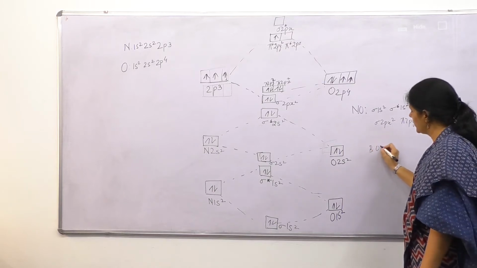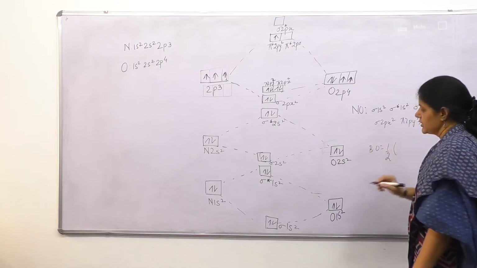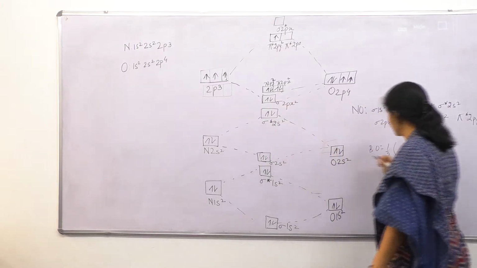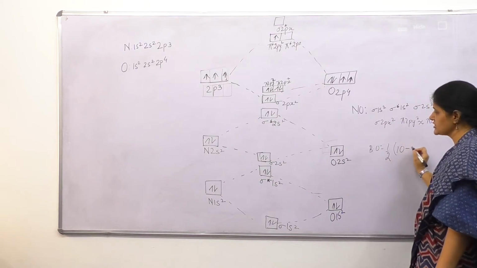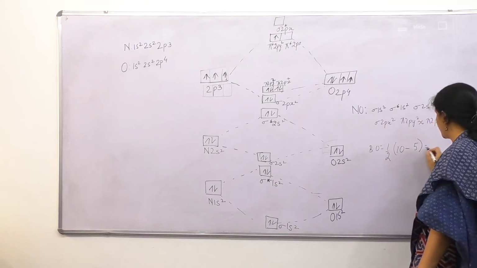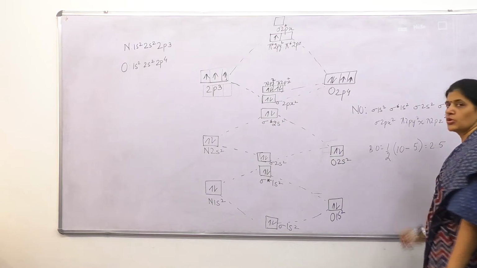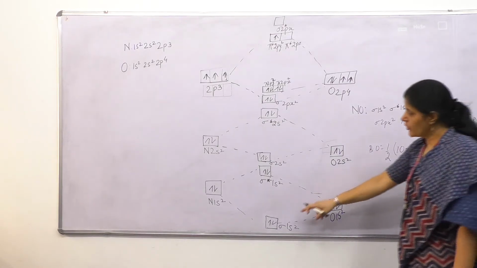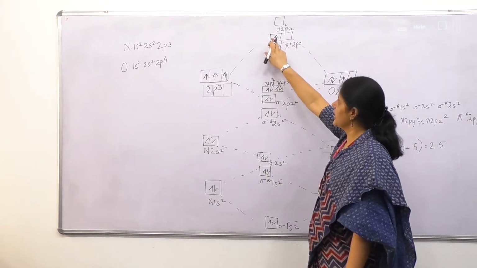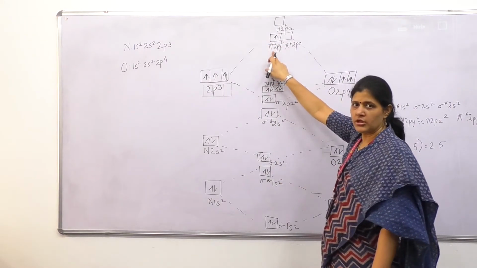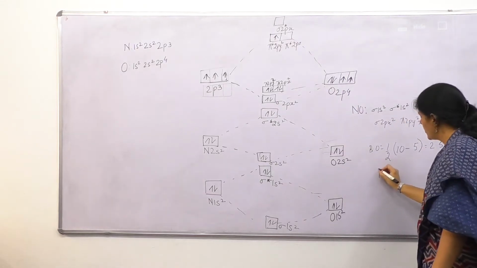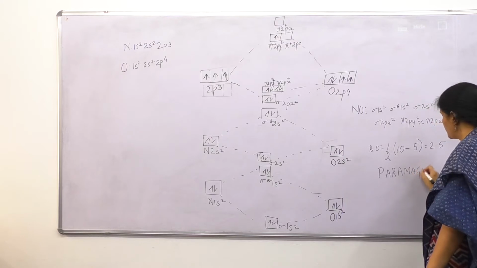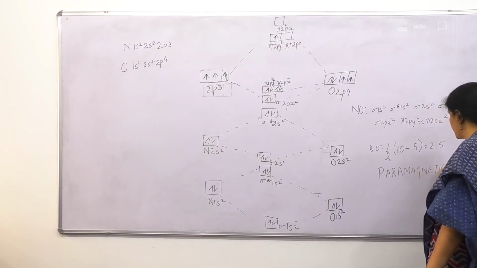Bond order will be: bonding electrons 2 plus 2 plus 6, 10. We have 10 bonding electrons and 5 anti-bonding electrons. So bond order will become 2.5. The molecule has one unpaired electron. Therefore, it will show paramagnetic behavior.